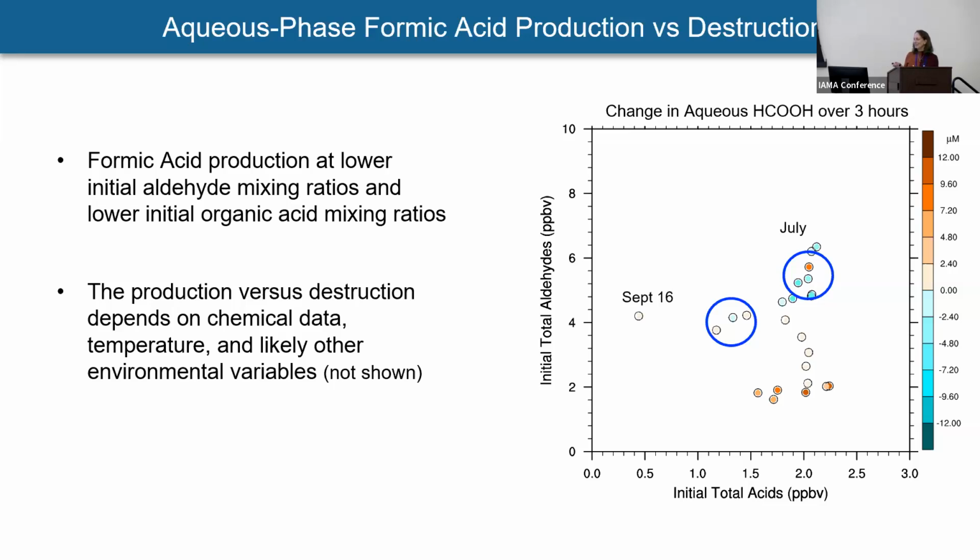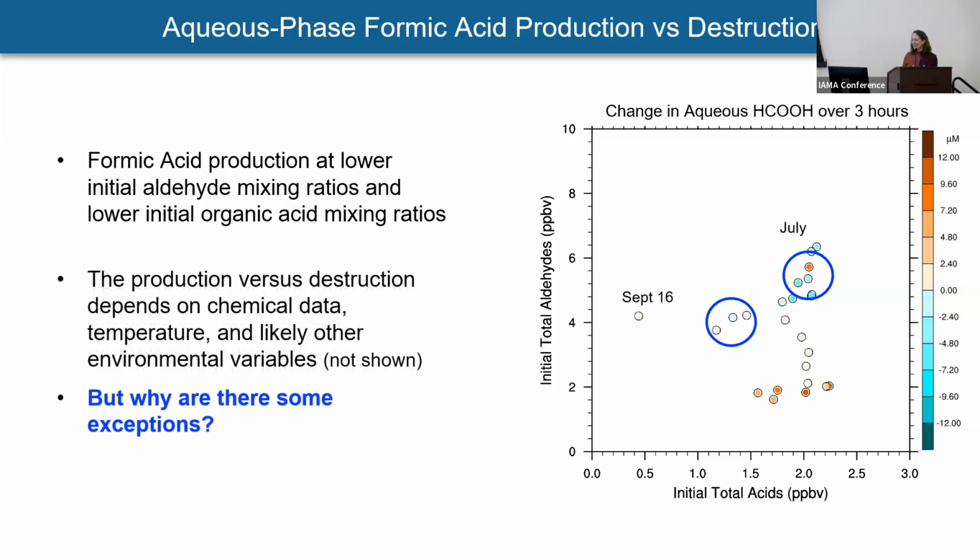Curiously, there are a couple of places where you see destruction happening for the same acids and aldehydes as you see some production, and like, hey, what's going on there? So I looked at a couple of these particular cases specifically, and saw big differences in the aqueous phase concentration of OH, differences in liquid water content. And so there's not a clear one thing that's making these answers different.